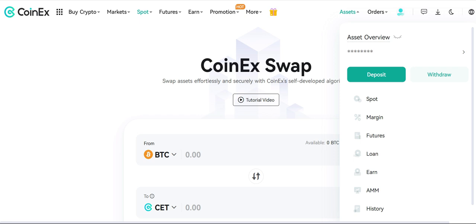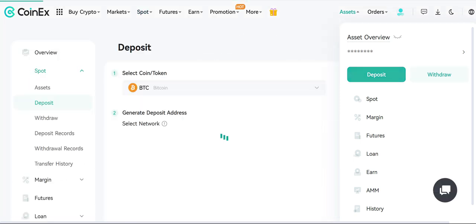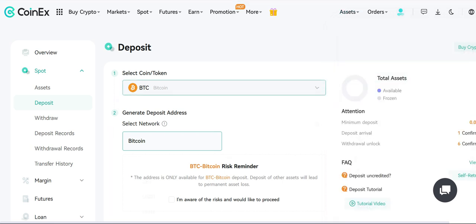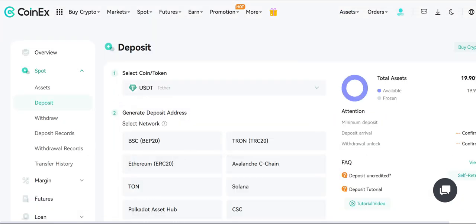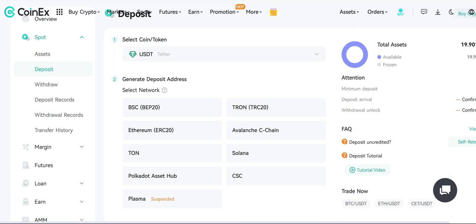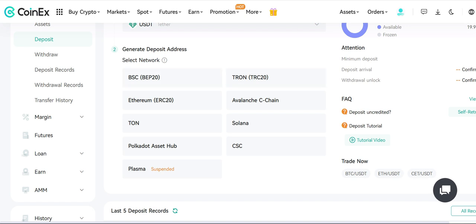On the assets overview, this is important because over here, if you go to deposit, this is where you're going to be depositing your cryptocurrency, be it Bitcoin or another cryptocurrency, perhaps USDT. This is the most common. So what you would do here is select USDT. You would select the network that you want to transfer from. So if you've got your USDT on MetaMask, as most people do, perhaps it's on the Binance Smart Chain, or maybe Ethereum, or maybe even Tron.